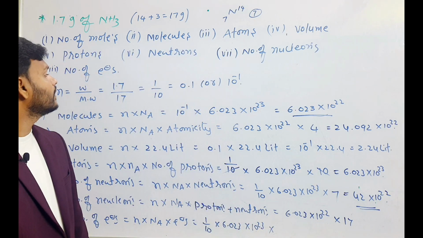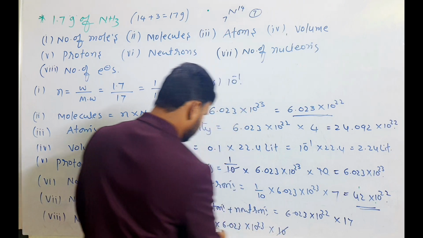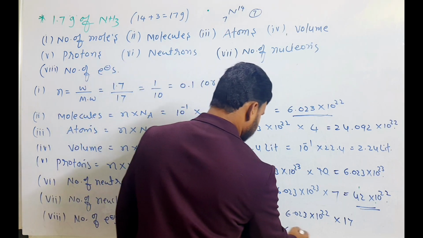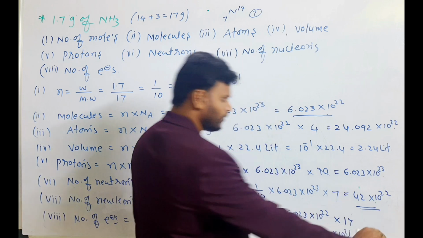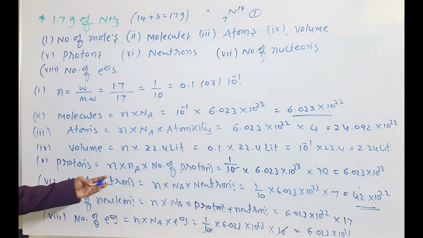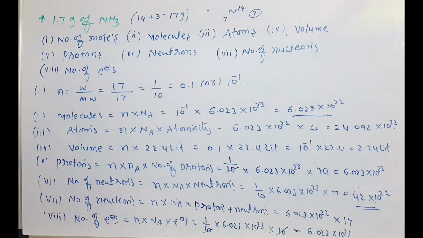Nitrogen 7, hydrogen 3, so 10 electrons are there. So 10 cancels. This is the answer: 6.023 into 10 power 23 electrons. I will take a screenshot. This is the way to do this type of problem.